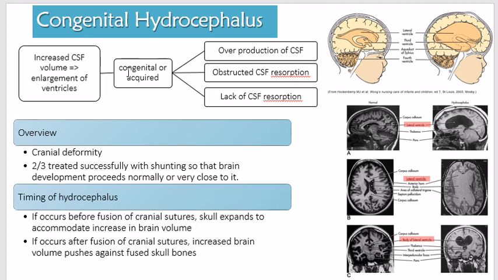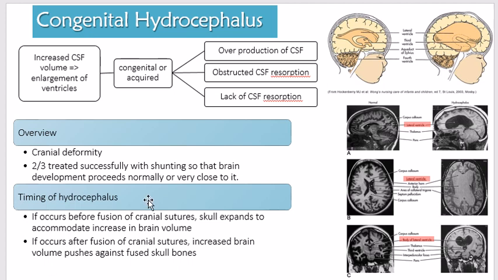There are different causes. The baby could be overproducing CSF. There could be an obstruction of the normal resorption of CSF, or just entirely lacking the ability to resorb the cerebral spinal fluid. And so then it remains in the ventricles and puts a substantial amount of pressure on surrounding brain structures.